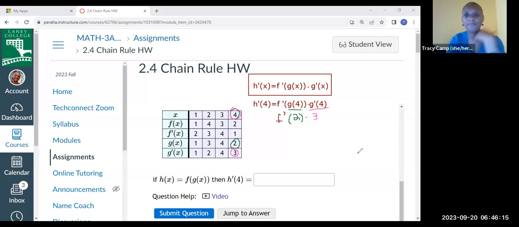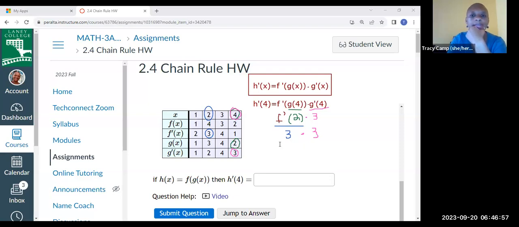And then one other thing I need to find is my f prime of 2. I notice that my 2 is right here, and f prime of 2 is 3. So I end up getting 3, and then times 3, which I'm bringing down from above, and 3 times 3 is 9.